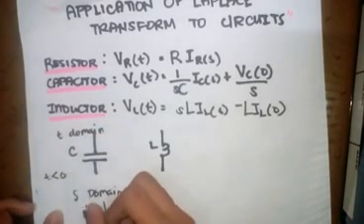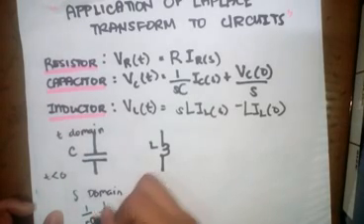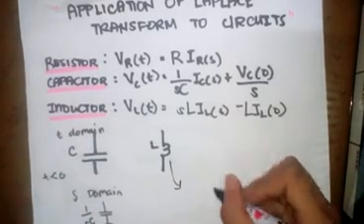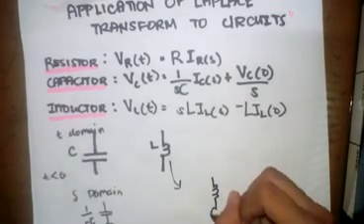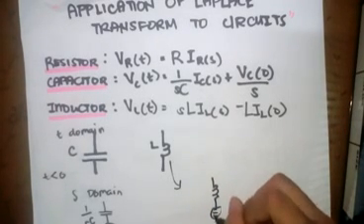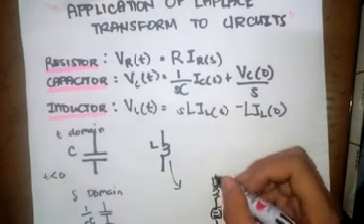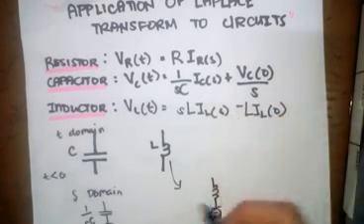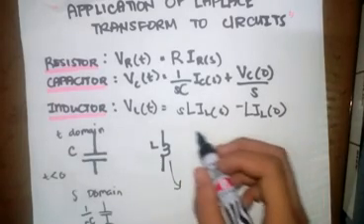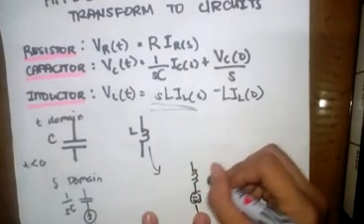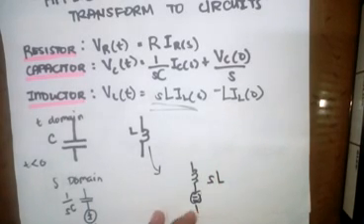So here we have 1 over C, and for this one we have minus, plus. Here we have minus beside the inductor because it subtracts from the voltage drop. So we just have to write here S multiplied by the inductance.